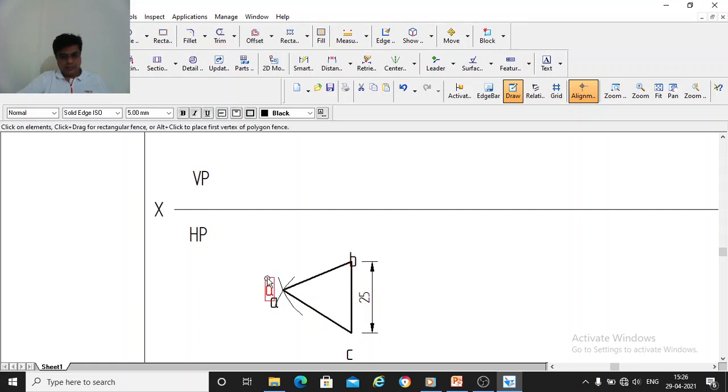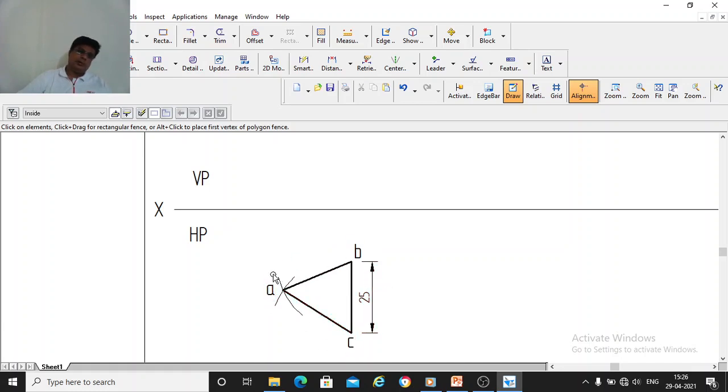So all the corners you just name sequentially and in clockwise and anti-clockwise direction. So if you want, you can name it abc or acb like this, clockwise or anti-clockwise. So for all the three corners, you should name the alphabets a, b, c.